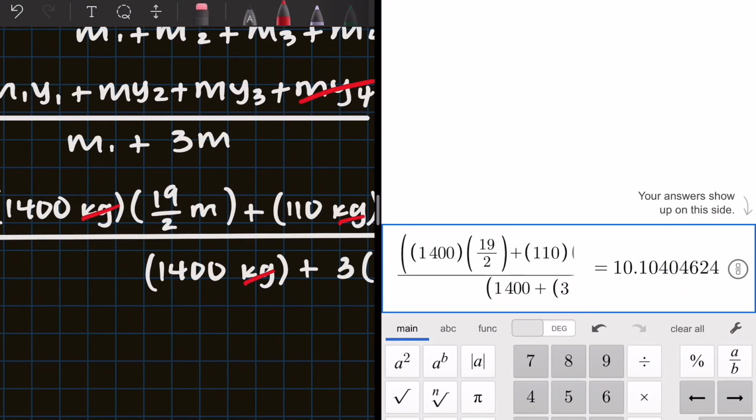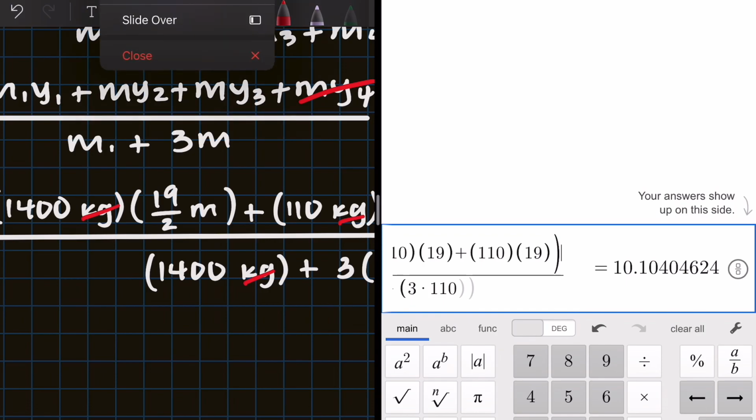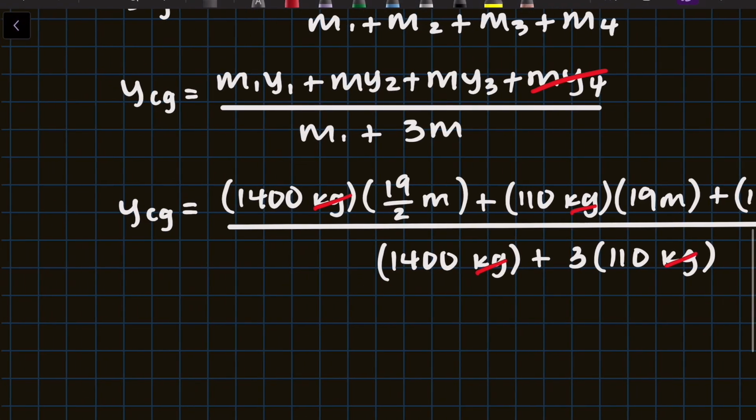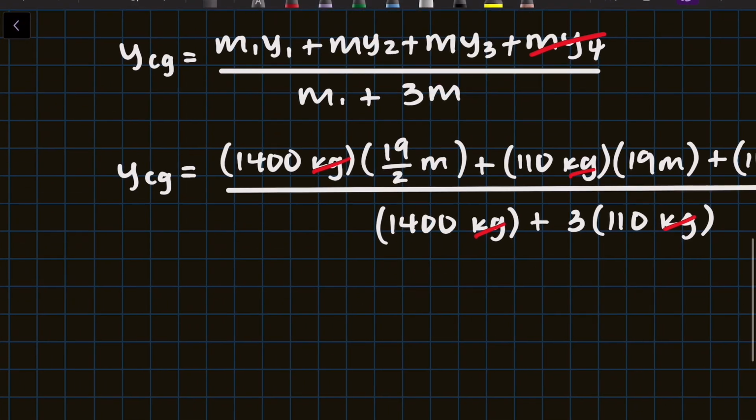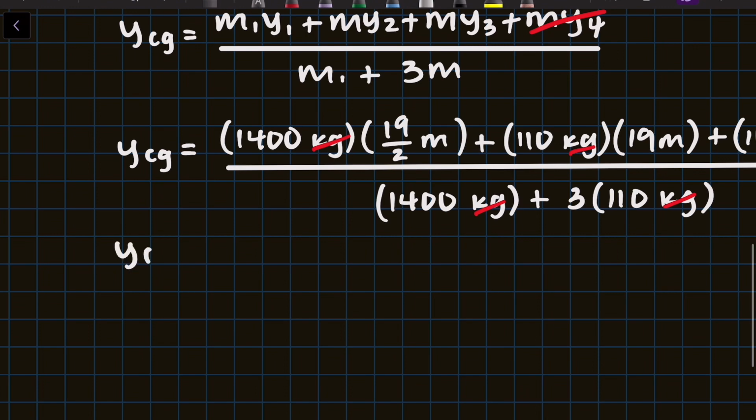I plugged in all the numbers in the same way, and this is what we got, 10.10. So that means the center of gravity for y is equal to 10.10 meters. And that's it.